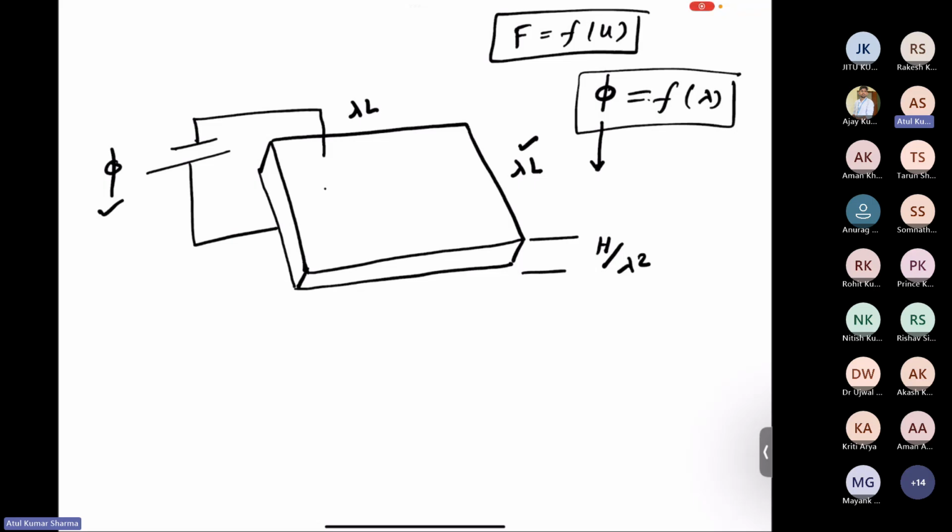For example, let's say phi has a value of 2 kilovolt and lambda comes out to be 1.2. Then you can say that for a 2 kilovolt applied potential difference, the dimension will become 1.2 times the initial dimension in the lateral direction. And you can also calculate the corresponding contraction in the thickness direction as well. So we will see how to derive it.